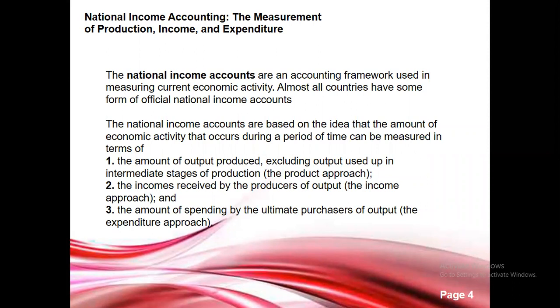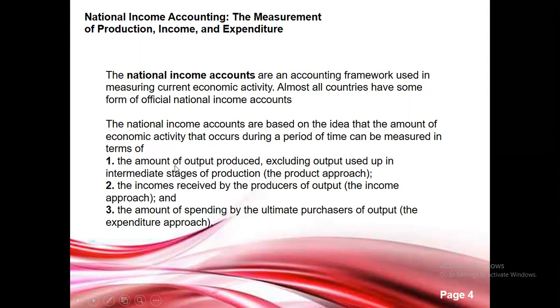National income accounting is an accounting framework used in measuring current economic activity. These accounts are based on the idea that the amount of economic activity that occurs during a period of time can be measured in terms of three approaches, right? A product approach, income approach, and expenditure approach.